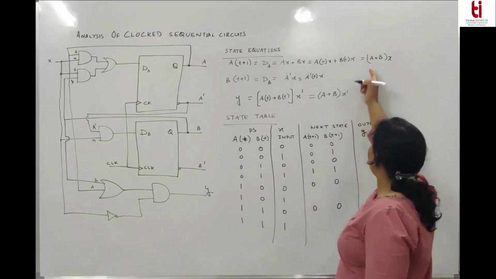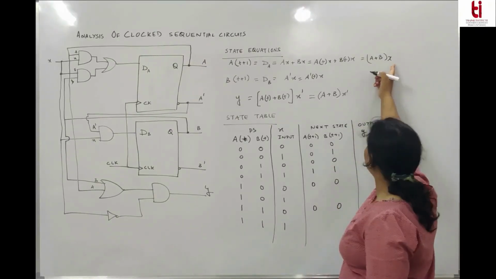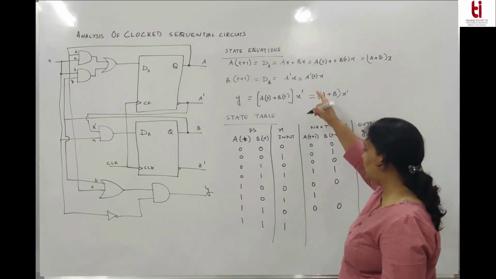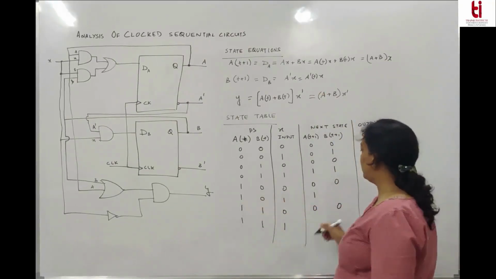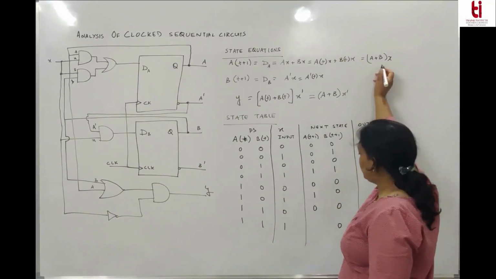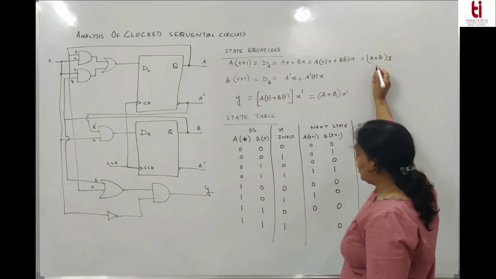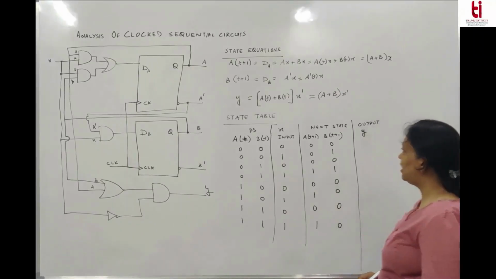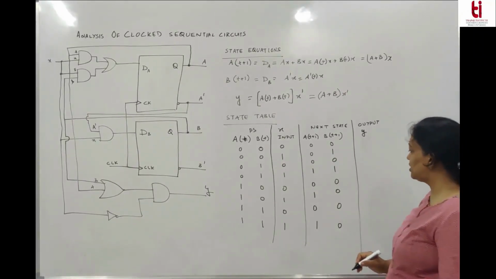Then A plus B is 1 and this is 1, so this is 1. What about this? A is 1, so A bar is 0, so this is 0. And last, A plus B is 1 or 1, and this is 1, so this is 1. So this is the state table which will decide what the next state outputs are.